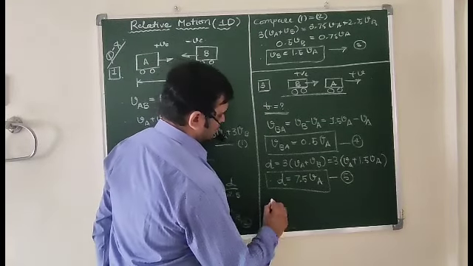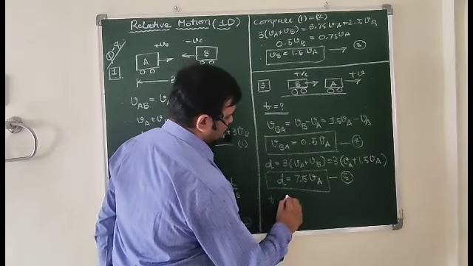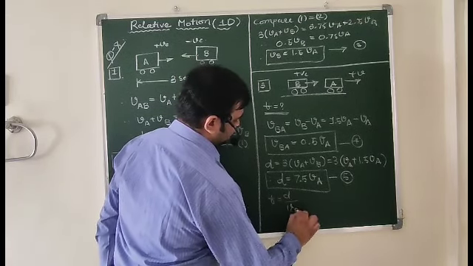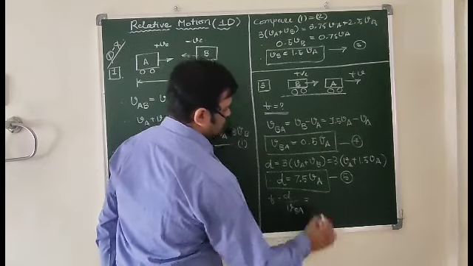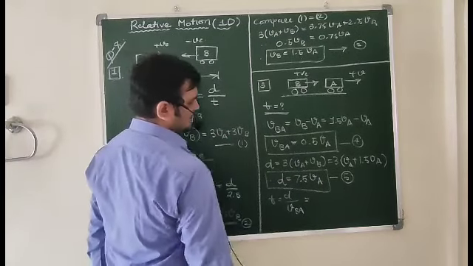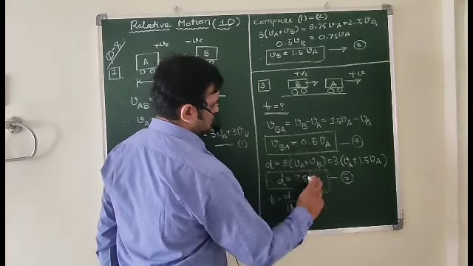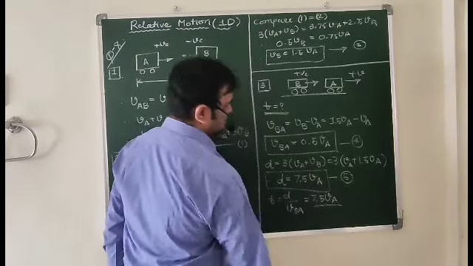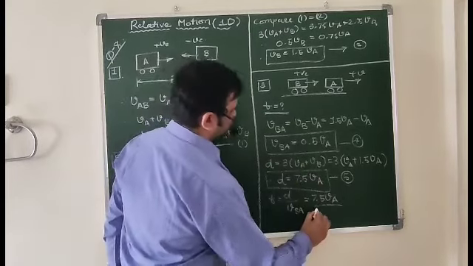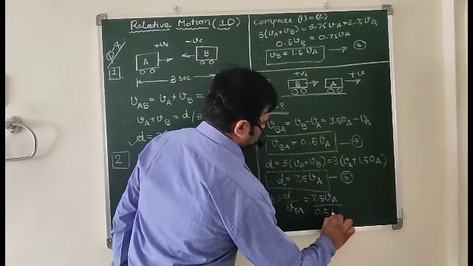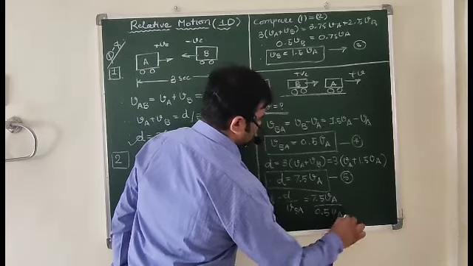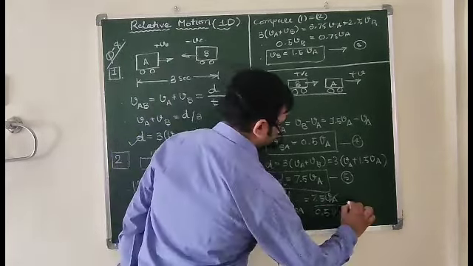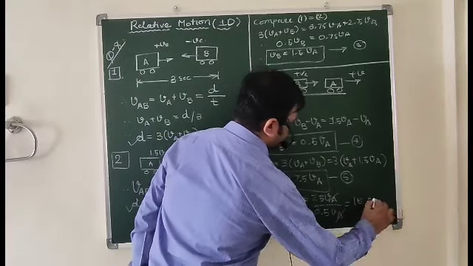So now as per case number 3, time is distance divided by relative velocity. Here the distance is 7.5 VA and the relative velocity VBA is 0.5 VA. So VA cancels, 7.5 divided by 0.5 is 15.